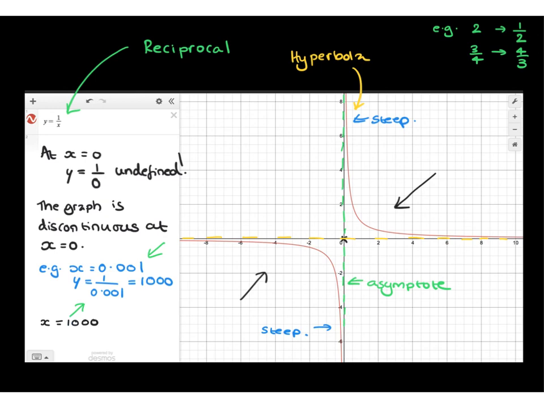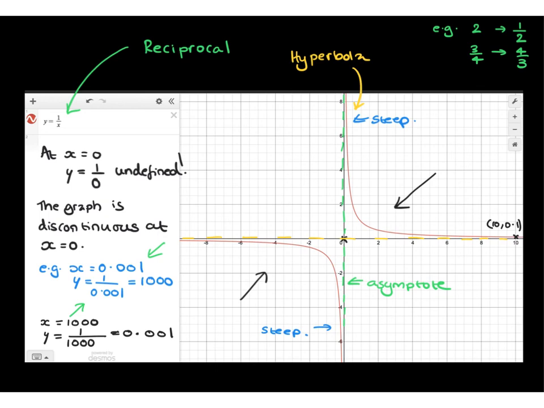What happens when x equals 1,000? y equals 1 divided by 1,000, which is 0.001. So it's a very small y value. Now, you can't even see that here. All you can see here is this coordinate where x is 10 and y is already very, very small at 0.1. So when x is 1,000, y is much, much smaller than that, 0.001.